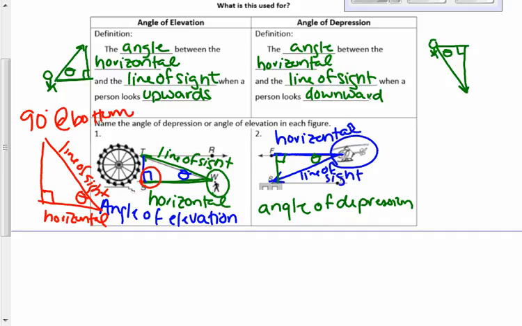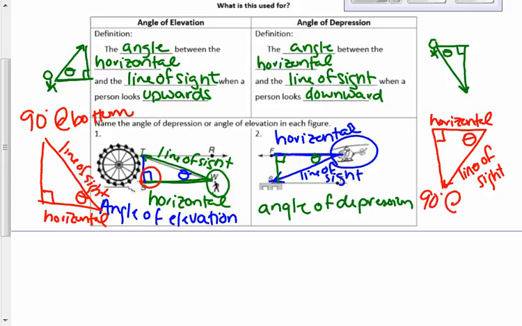For an angle of depression, the horizontal is at the top, your line of sight is looking downwards, and the angle they create is your angle of depression. So your 90-degree angle is at the top. That's going to be important when setting these up.